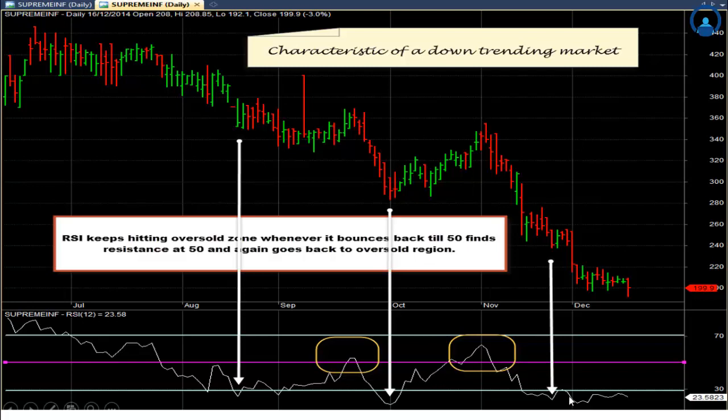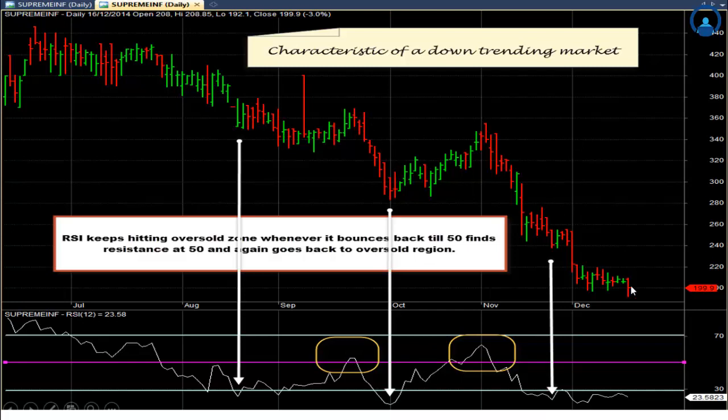As you can see, RSI reaches the level of 30, pulls back but finds resistance at the level of 50, and then trades down to the level of 30, pulls up again, fails to give a reading of above 70, turns around and gives a reading of below 30, suggesting that RSI is time and again finding resistance at 50, and prices continue to trade lower.